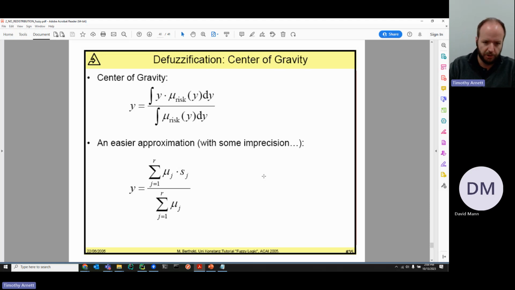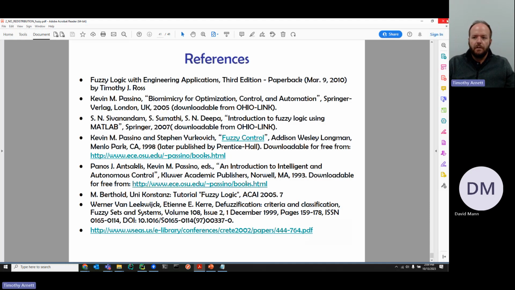You'll see weighted average, which is more akin to a center of gravity. It gives you a more continuous output. But there's a number of different things you can do to defuzzify your output distribution based on the properties you're looking for. So that is fuzzy logic and fuzzy systems.